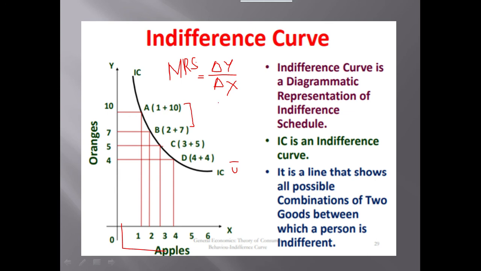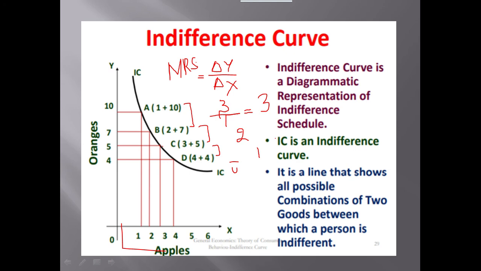From A to B, the marginal rate of substitution is 10 minus 7, which is 3, over 1. The individual gives up 3 units of oranges in order to get 1 more unit of apple. So the marginal rate of substitution is 3 here. From B to C, the marginal rate of substitution is 2. And from C to D, the marginal rate of substitution is 1.